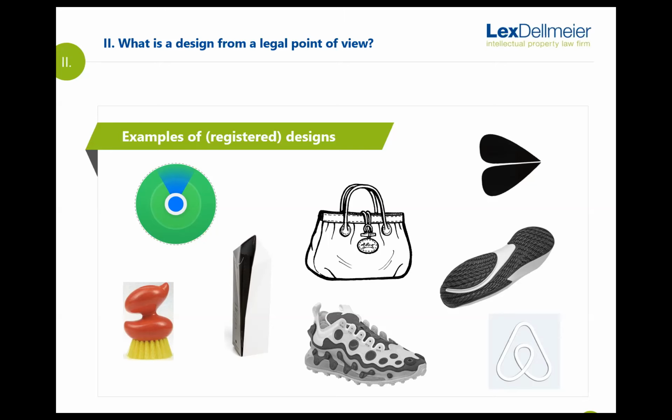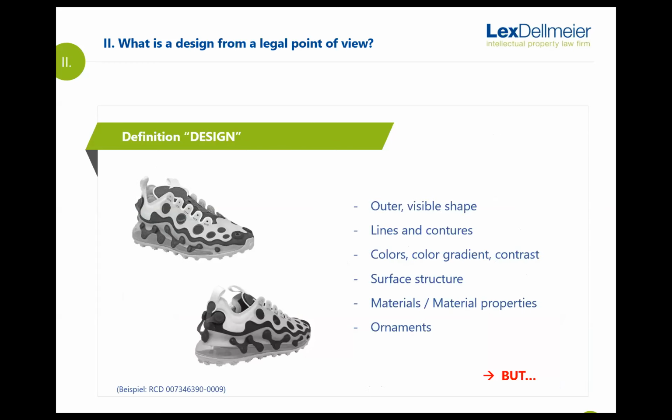So all of these logos, products, icons have a shape, and we call them designs. But from a legal point of view, that's not sufficient. Legally, design is basically defined by the outer visible shape of a product, its lines and contours, its colors or color gradients, like when a dark blue slightly becomes a lighter blue.